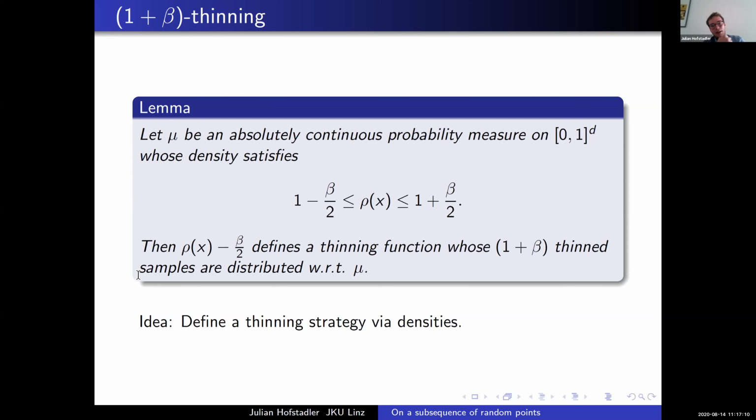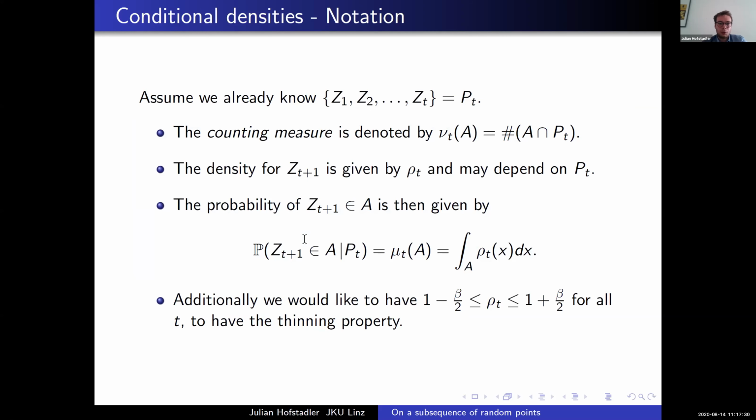But on the other hand, for all the theoretical stuff we want to do, if we have a density of this form, we can just use everything from probability theory we know, and this is quite a lot. So in fact, we will try to create such densities. We will call them conditional densities.